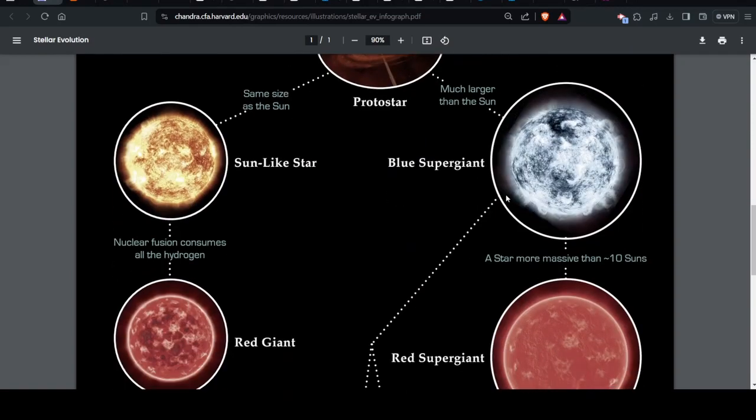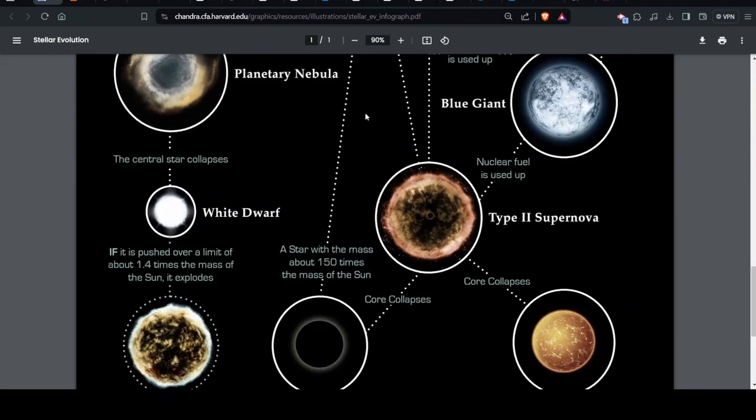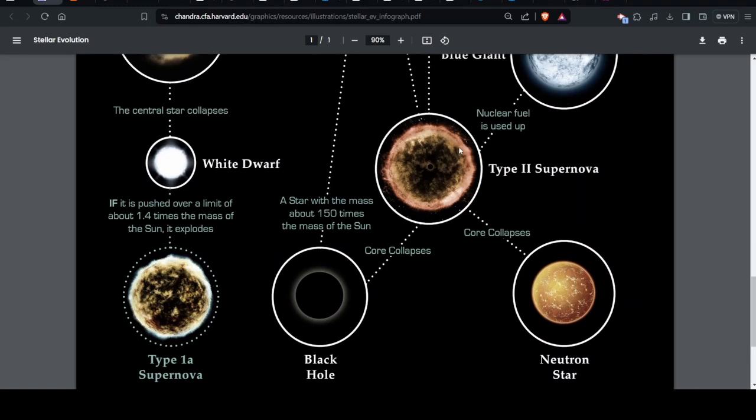So a blue supergiant will kind of bypass some of these other stages and essentially just go right to a supernova or a black hole. The thing about blue supergiants is that they are very massive, they're very hot, and a lot of times they are known as the rock and roll stars because they live fast and die young. So they're rather short-lived.